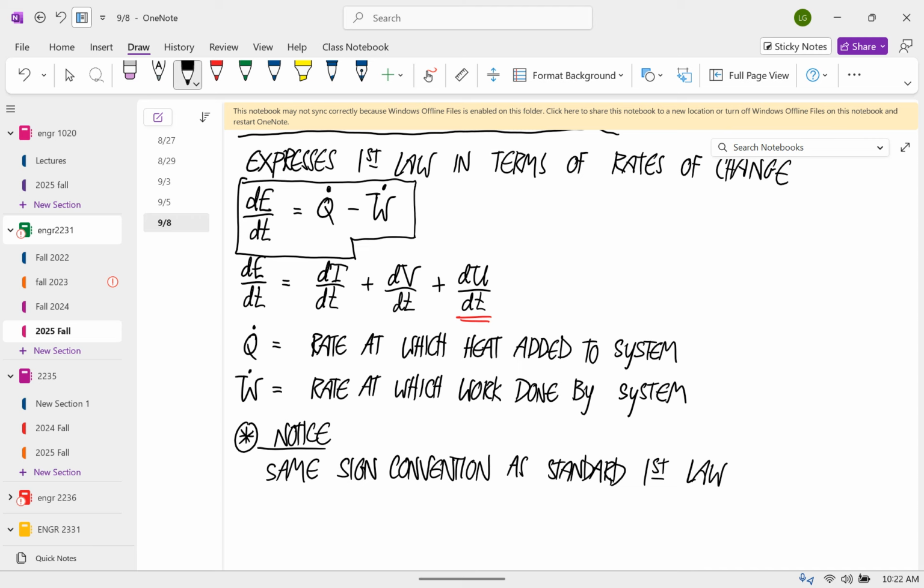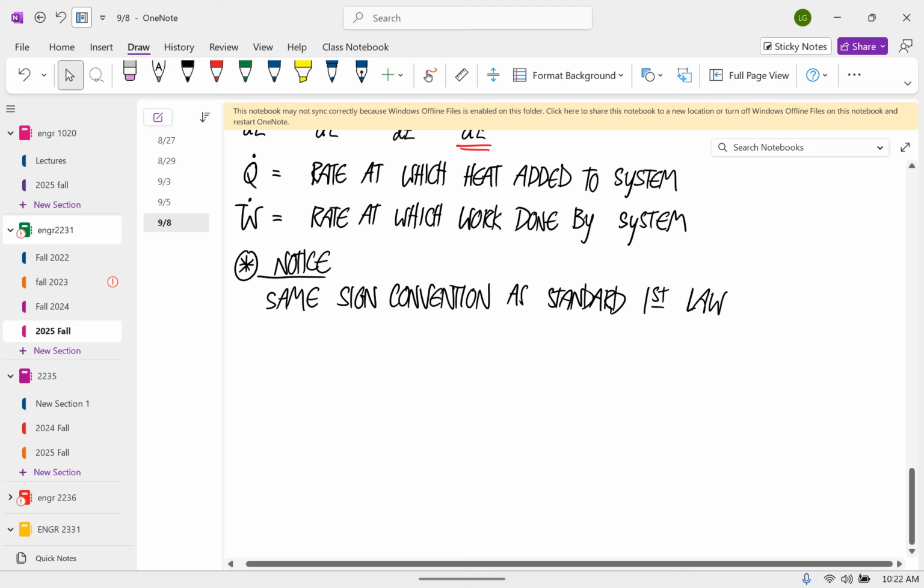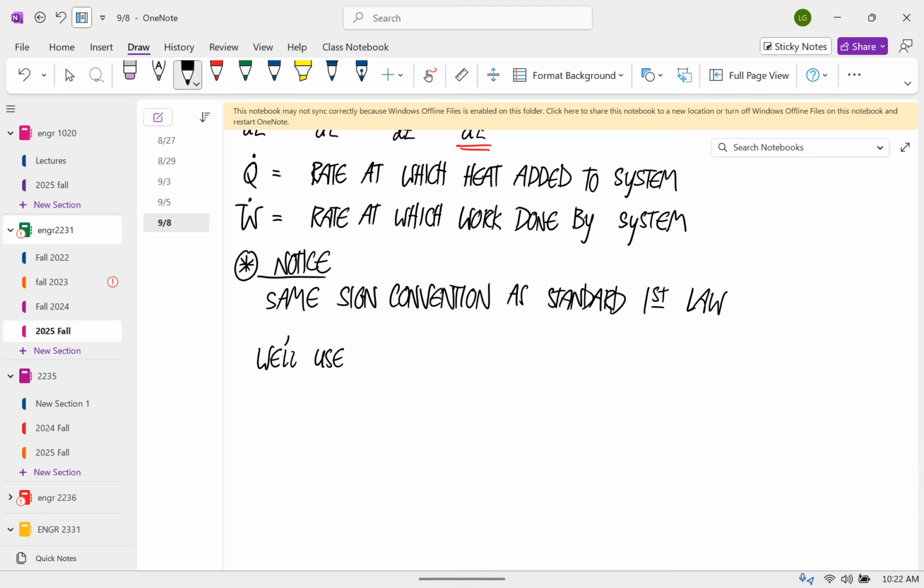And you want to be able to rattle off these definitions. Having these definitions at the front of your brain is important for being able to think through these problems. We'll use this differential form of the first law in two types of problems.